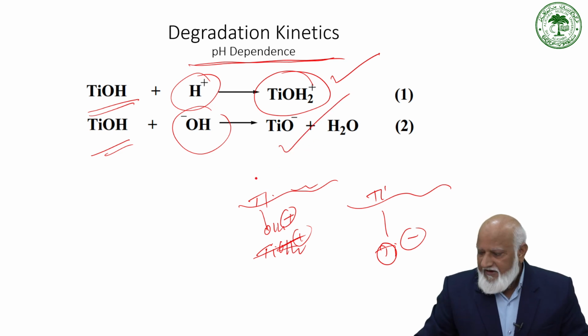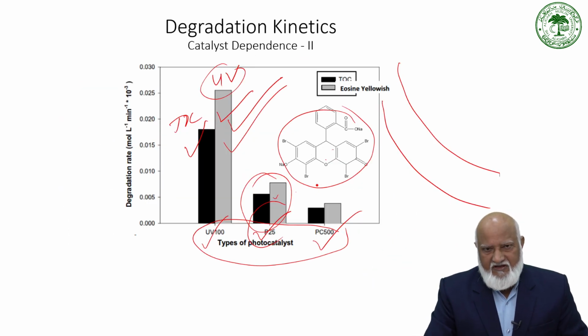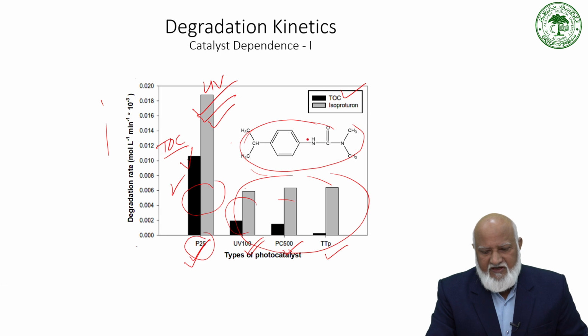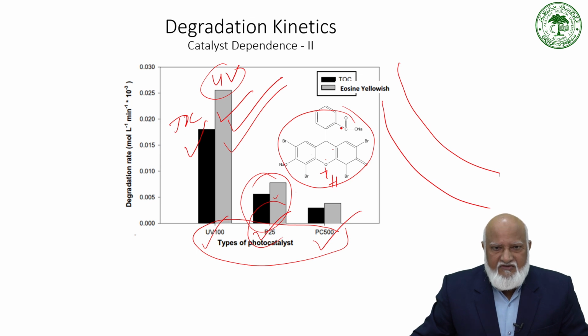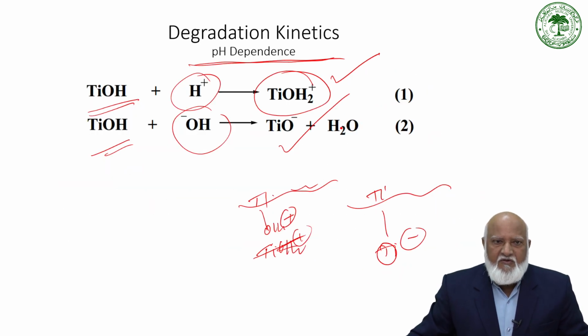And not only that, the pollutant, say for example this is a dye, has an oxygen, and it can be protonated in the presence of acidic medium and deprotonated. This also has NH protons which can be protonated and deprotonated under acidic conditions. So both the pollutant as well as the surface of the catalyst can be in different forms depending upon the pH of the solution.